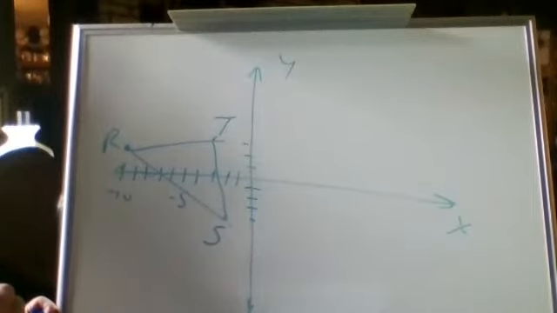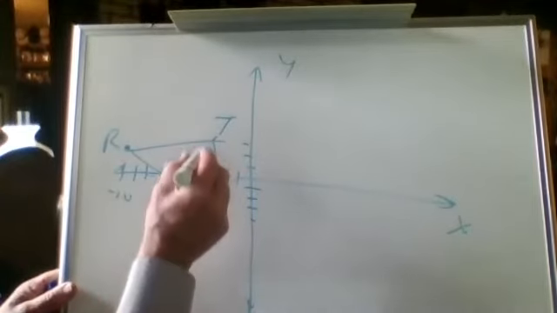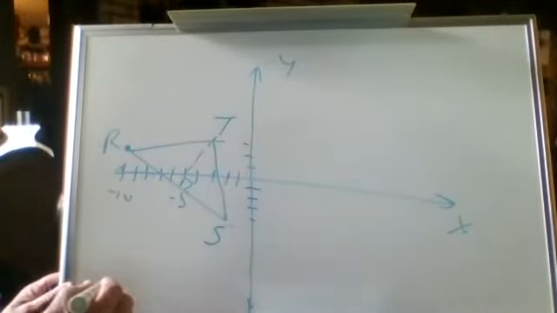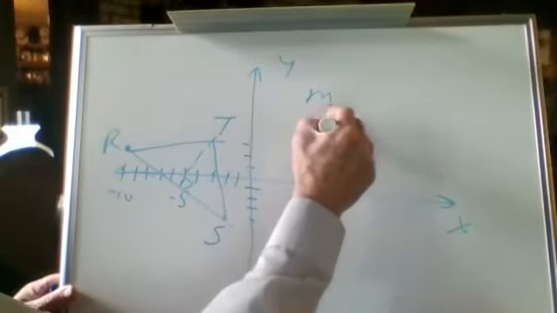Find the equation of the altitude to segment RS and the median, and what conclusion can you make? All right, so we're going to find the altitude to RS, which has to be perpendicular. So we're going to find the slope of segment RS.